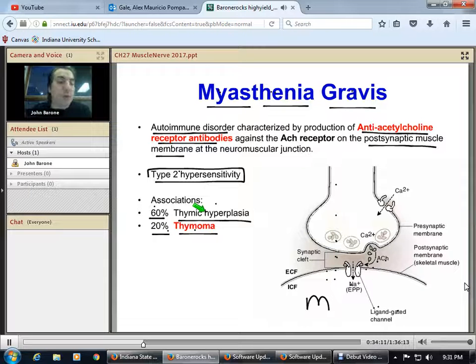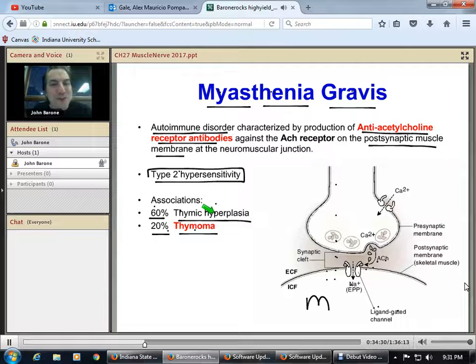Now, thymoma is a tumor of the thymus. What's a thymic hyperplasia? It's mutiny on the body. B cells have come in and they've taken it over. You're going to see follicles, germinal centers. B cells are there making antibodies against your junction.